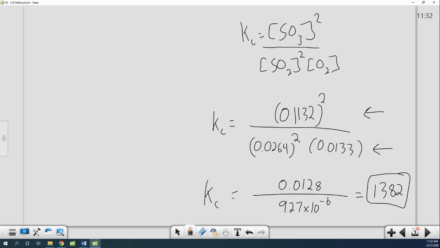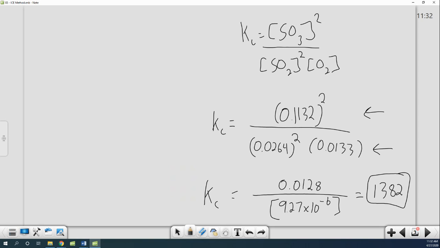If you do not close that bracket, or if you don't use brackets here, you're punching in 0.0128 divided by 9.27, and then you're timesing by 10 to the power negative 6. Your answer ends up as 0.00000001, because you did the divide, and then multiplied your answer by 10 to the negative 6. That is not what you want to be doing. So make sure you use the brackets in there.